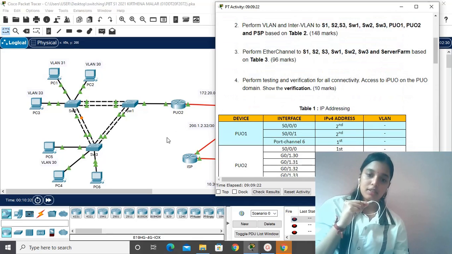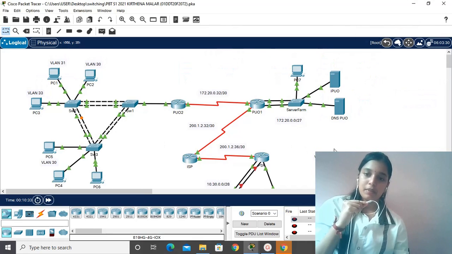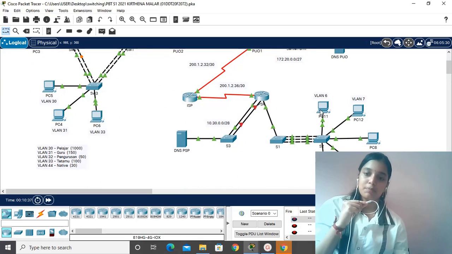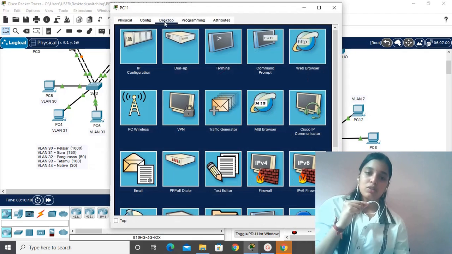So I started from the PC. The example that I started with is PC11. So I click on PC11, and I need to put in the IPv4 address.